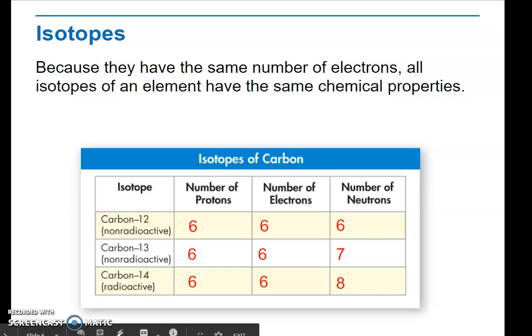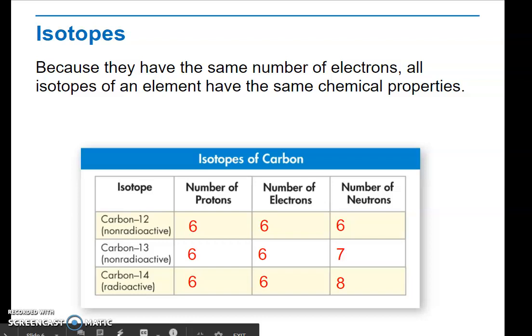Now, if you look, for example, at carbon-14, you can see that it has more neutrons than protons. So what does that mean? It means that its nucleus is unstable, so carbon-14 will tend to break down at a constant rate over time. So these are called radioactive isotopes. Carbon-14 is radioactive.